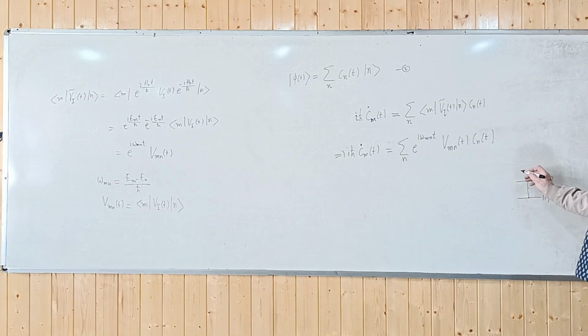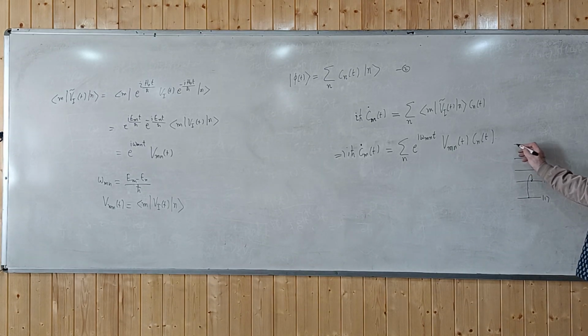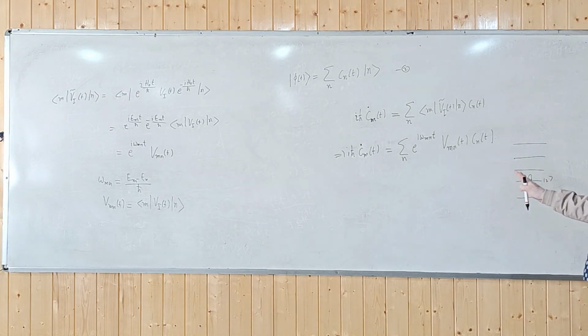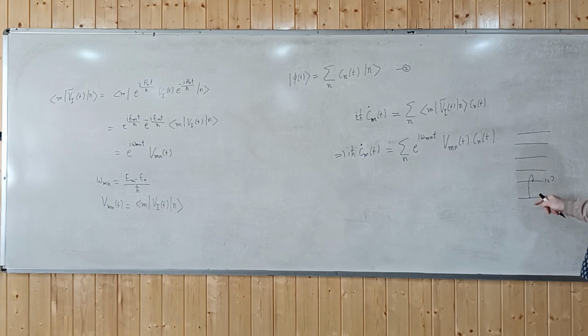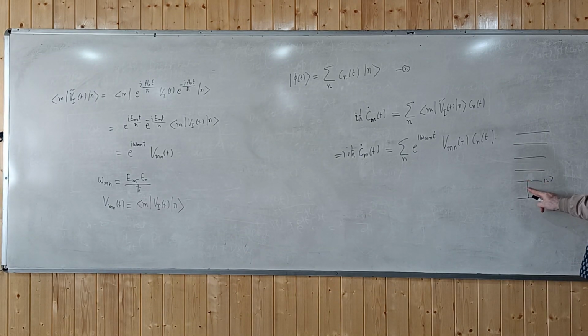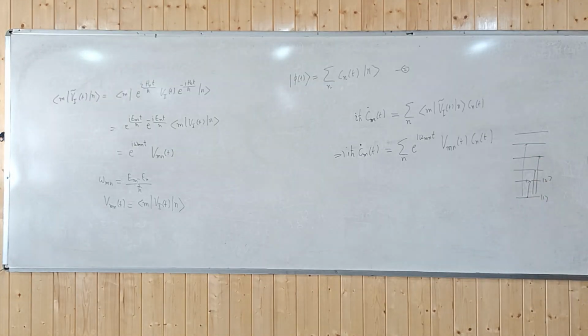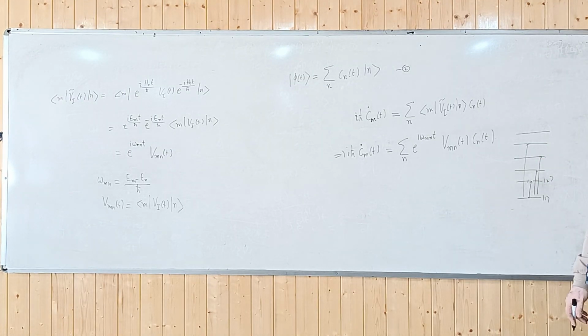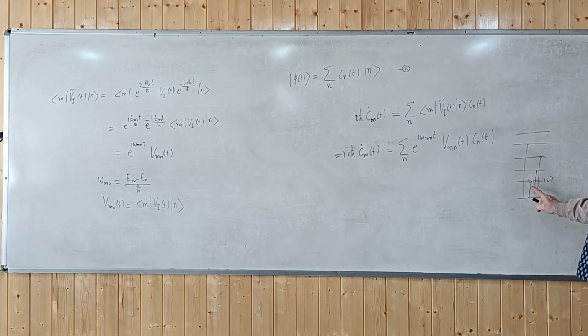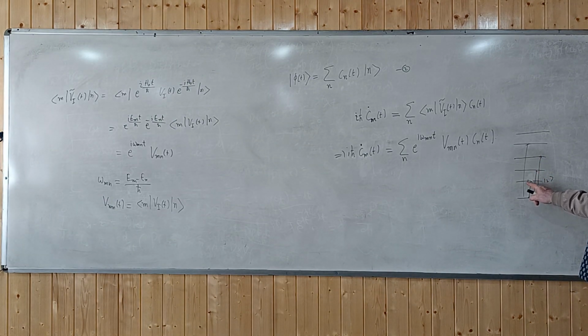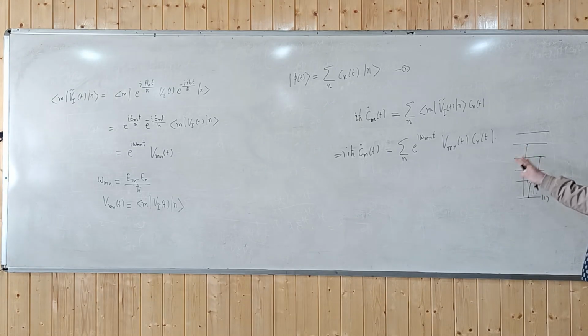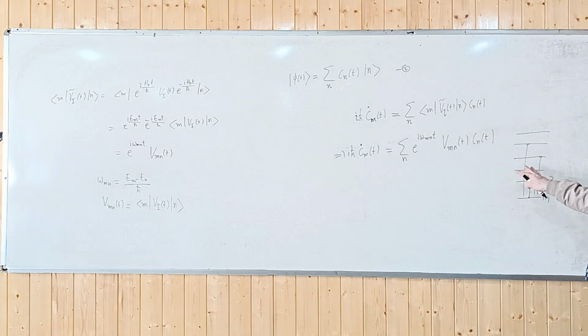So if you are having n levels, let's say I am taking only the discrete case, that means there is a possibility that the particle can make a transition to all these other states. So there is a finite probability of finding the particle either in this state or any other states. In this way they are coupled.